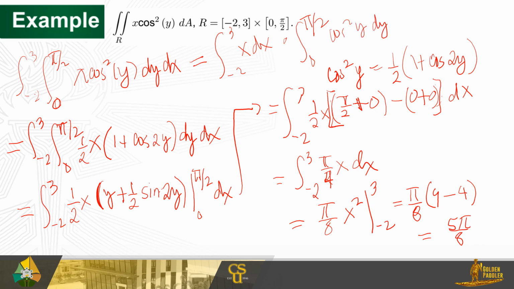So pwede mo isa-isahin, tapos i-integrate with respect to x at saka with respect to y, kasi yung function natin is a function of x times a function of y, which is given sa previous remark, sa previous slide. So actually the same answer, makikita nyo sa book na binigay ko na ganyan yung ginawa niya. Pero stick lang ako sa kanina, para meron naman din kayong ibang source ng answer.